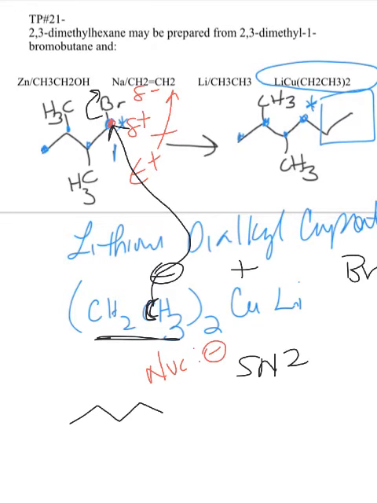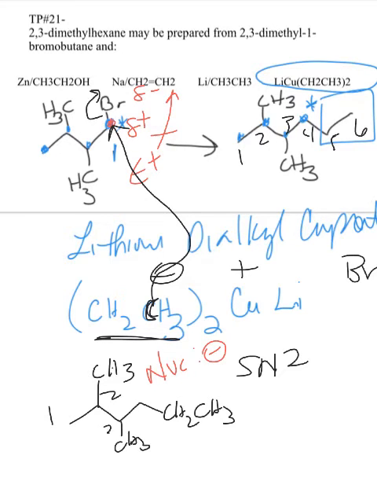So then your compound is the product: this is CH2, CH3. So now you can do 1, 2, 3, 4, 5, 6. It's always good to count, make sure 1, 2, 3, 4, 5, 6. And that is the answer.